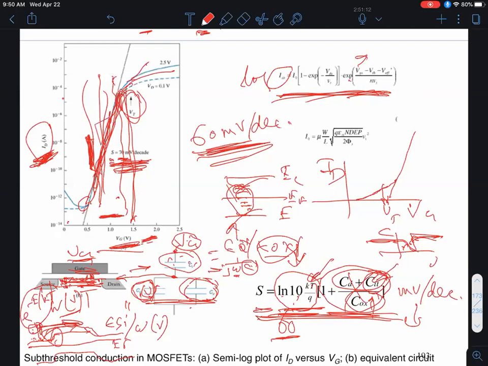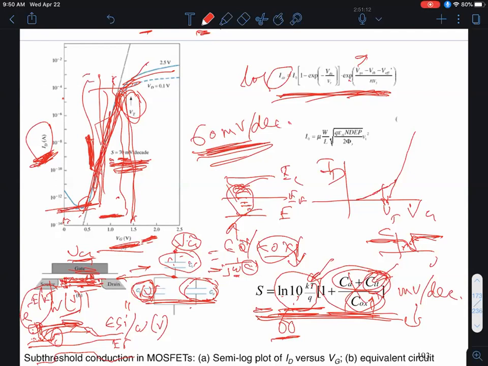So that by the time I go down to 0 volts, I should be down in current by roughly 10 orders of magnitude, okay? You don't get 10 orders. In a good transistor, you get about 7 orders of magnitude between the on current and the off current at 0 gate voltage, okay? So that's the reason why you don't want threshold voltages to be much less than 0.6 volts or so, okay?